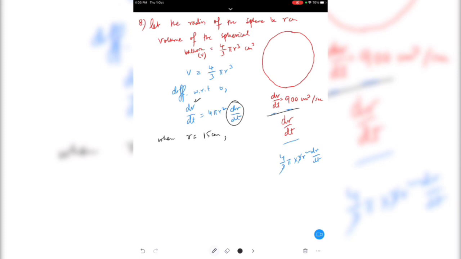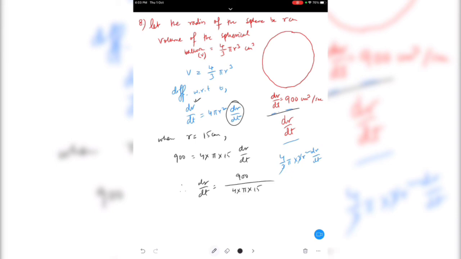So dV dt, 900, is equal to 4 into pi into 15 squared into dr dt. Therefore dr dt is equal to 900 divided by 4 into pi into 225.